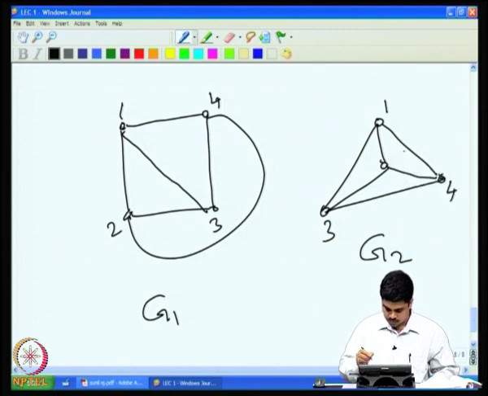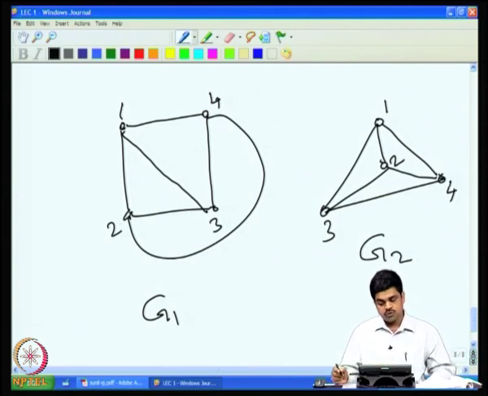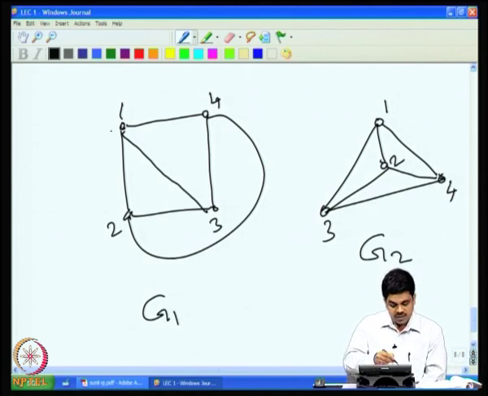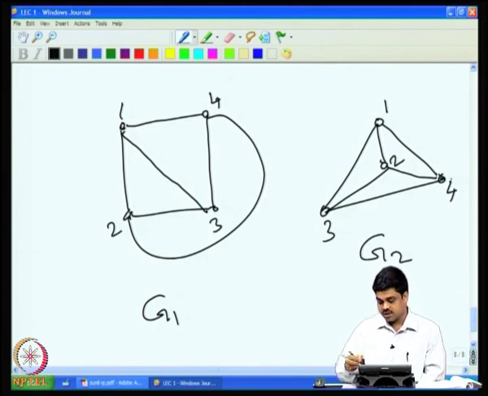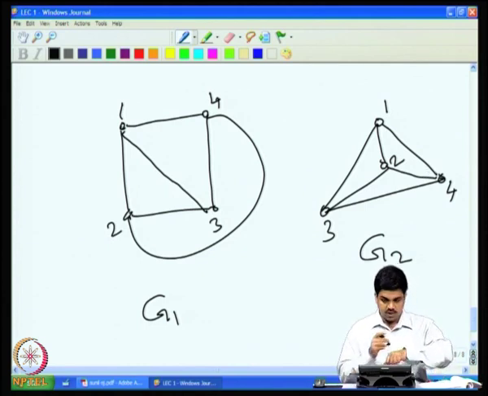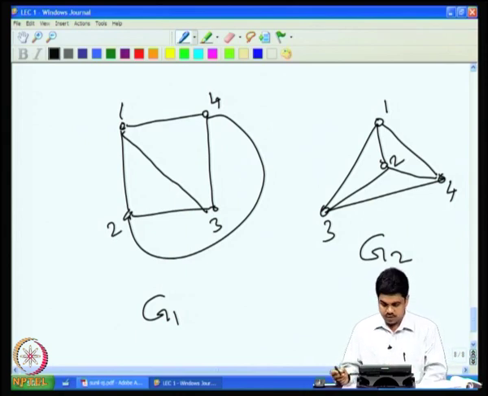Between 1 2 there is an edge, 2 3 there is an edge, and 2 4 this edge you can see. Whenever there is an edge between i and j here, the corresponding edge is present here also. Otherwise, if there is no edge, then that edge will not be there. So, this is the notion of isomorphism.